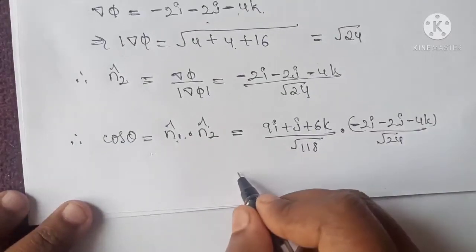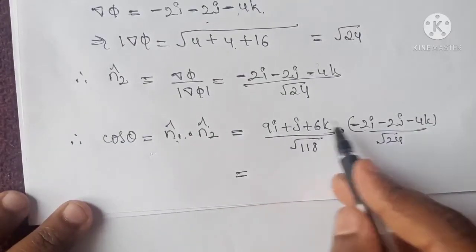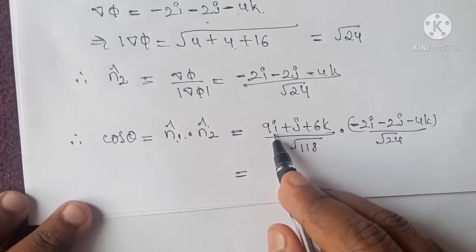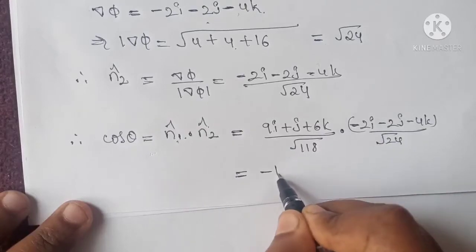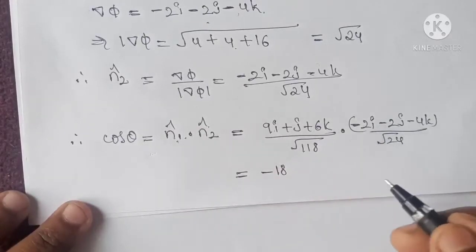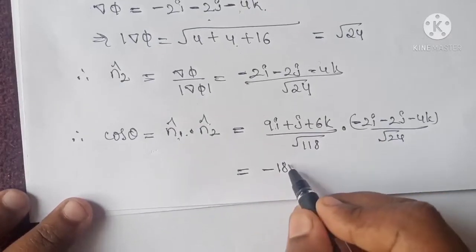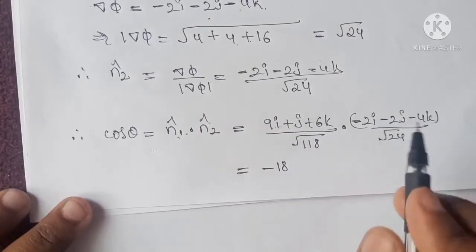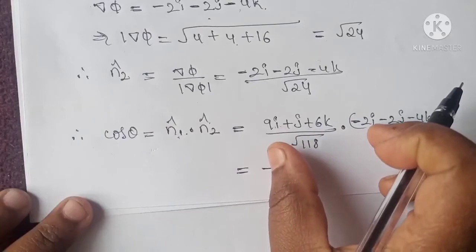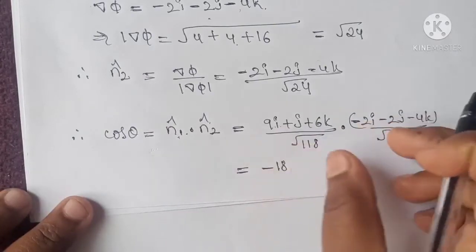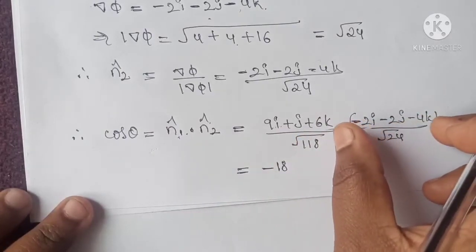Now we multiply the i terms, that is the coefficient of i. We know that i dot i equals 1 and i dot j equals 0. Therefore we only have to multiply the components of i terms, j terms and k terms.